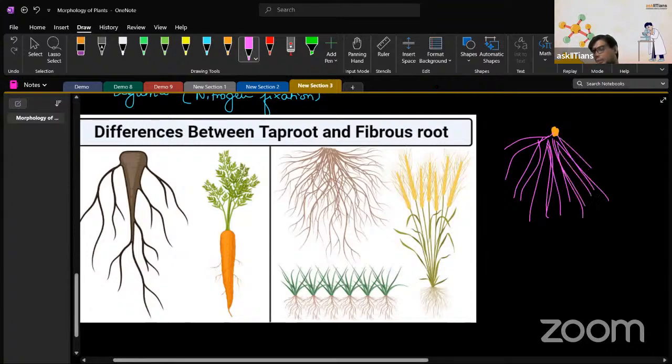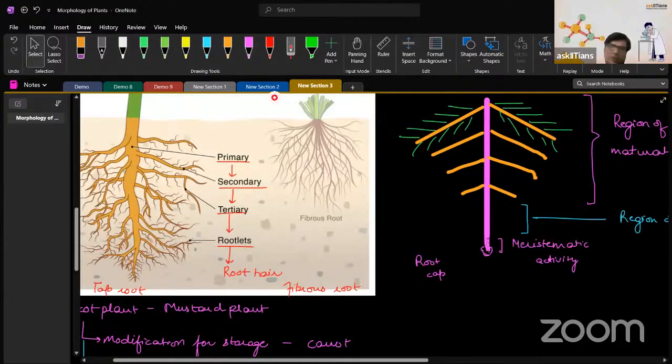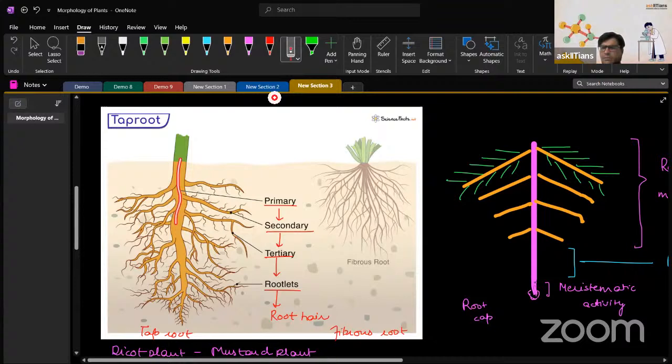If you remember, the taproot has a very sophisticated mechanism, right? If you compare these two diagrams, this is the taproot and the fibrous root. The taproot is comparatively much more complex. There is a primary root, then there is a secondary, then tertiary, rootlets, root hairs.